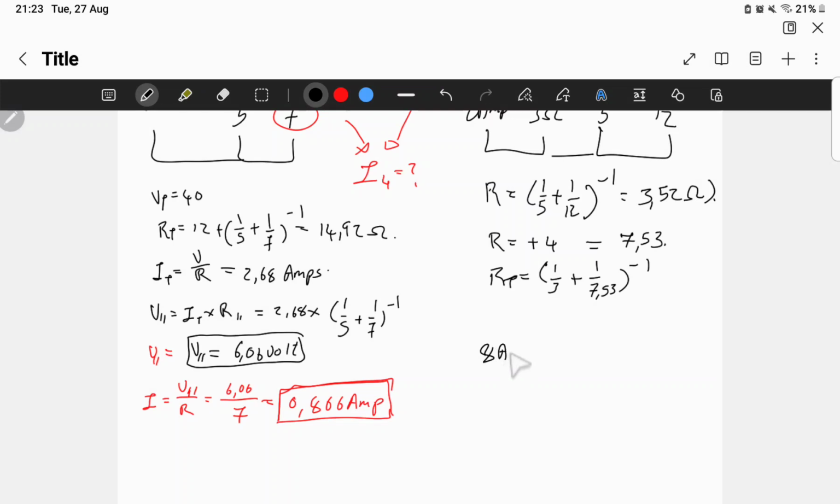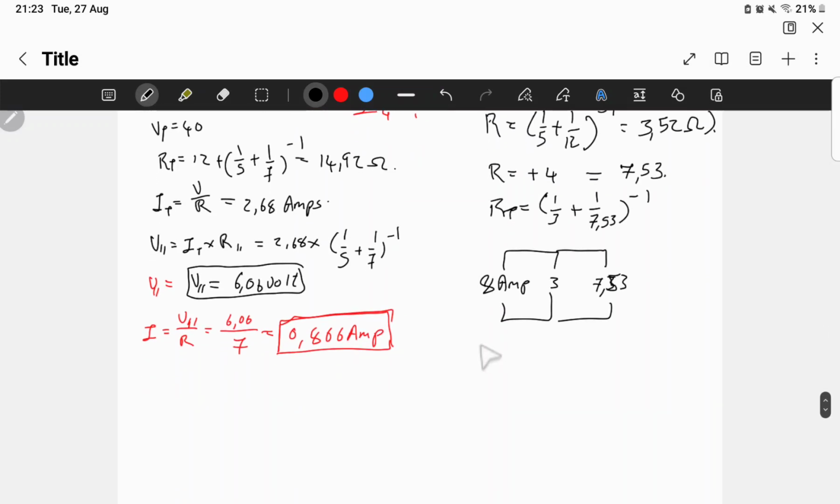So we have 8 amps, and then we have 3, and then we have our 7,53. Now what we are going to do is find our current. The current at 4 is equal to the total current multiplied by the resistor in parallel over the resistor in parallel plus the resistor at 4.